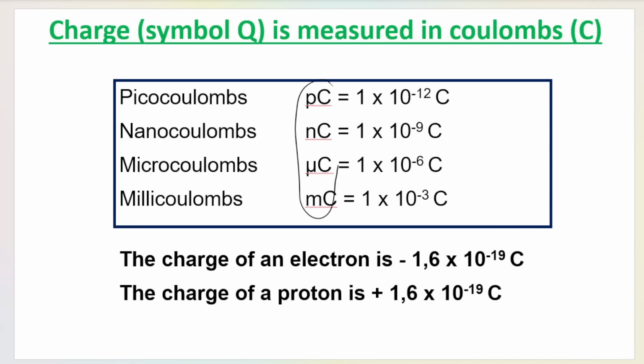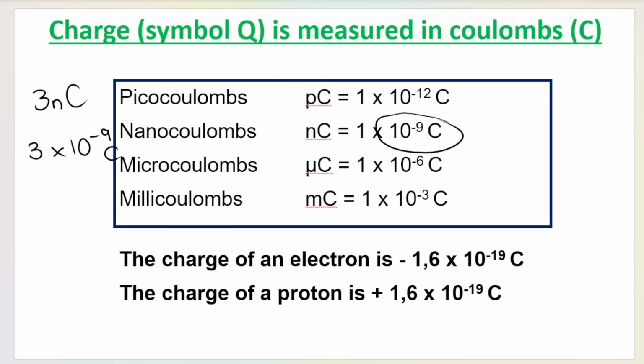This is how they'll show it to you. So for example, they'll say that the object has 3 nanocoulombs. Then you need to know, okay, cool. 3, to convert it to coulombs, I must times it by 10 to the power of -9. So what you do to convert it to coulombs is you just times it by whatever this says over here. So another way that I remember it is nano is 9. Pico is 12, micro is 6, and milli is 3. Well, -3, -6, and so on.